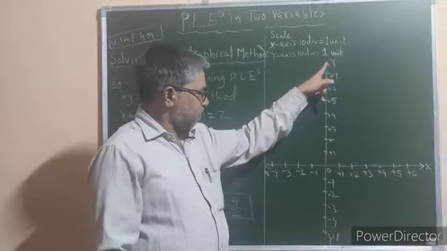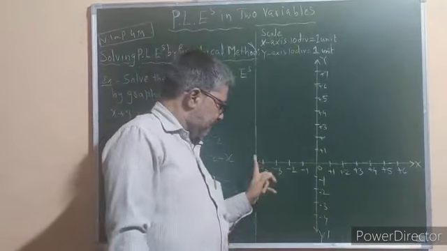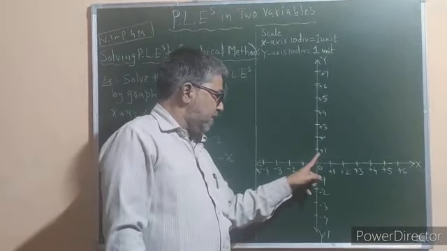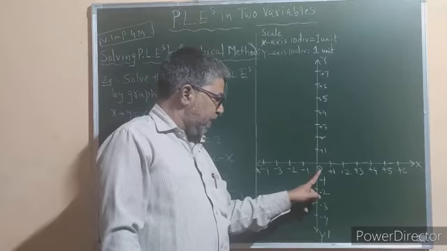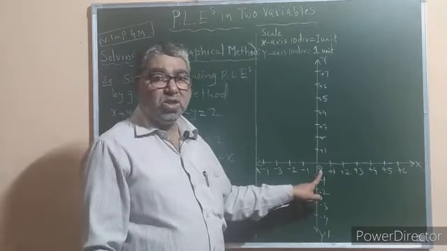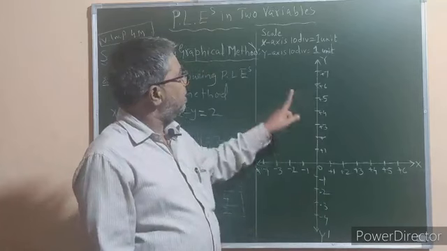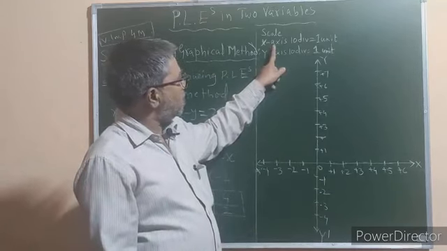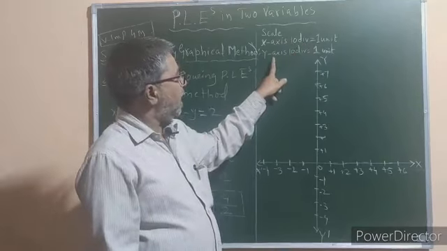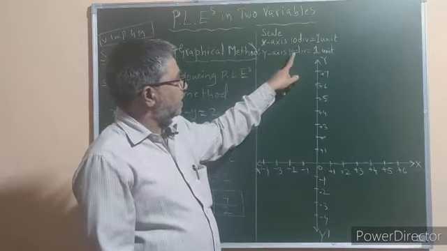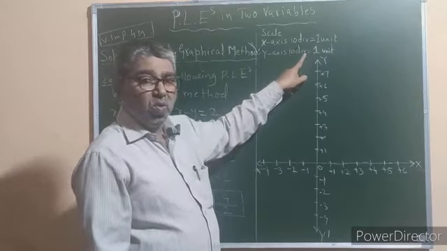So draw one vertical line and one horizontal line. They are perpendicular to each other, they will meet at a point, and that point is called the origin. The scale will be, on the x-axis, 10 divisions equal to 1 unit, and on the y-axis also 10 divisions equal to 1 unit.